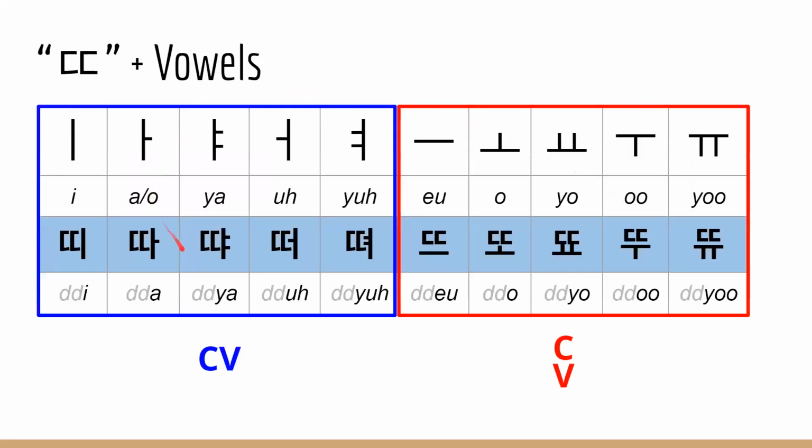And these are the vowels. 띠, 따, 띠아, 또, 띄어, 뜨, 뚜, and 듀.